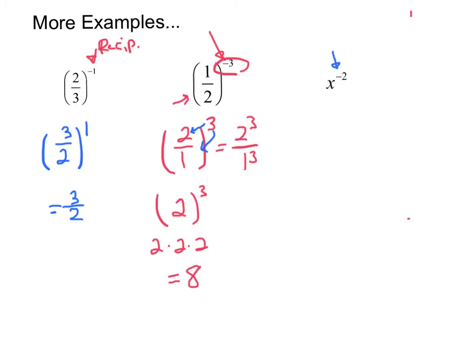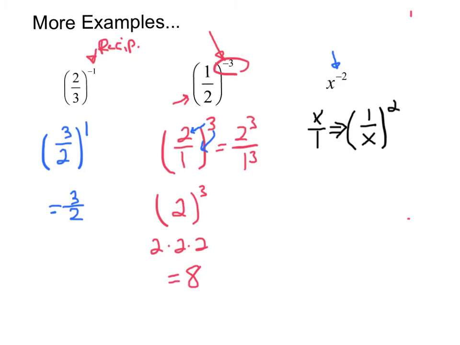If this is x over 1, because we can always put something over 1, our reciprocal then is 1 over x. And we've talked about examples like that. We always keep our exponent, but it's positive now.